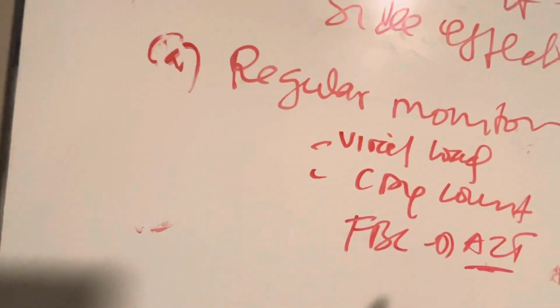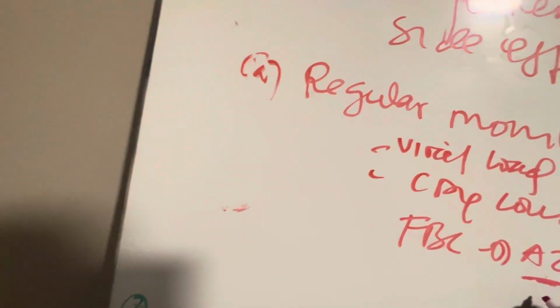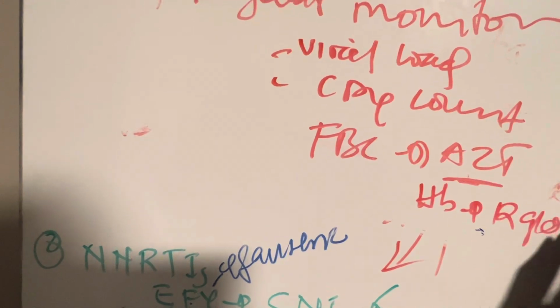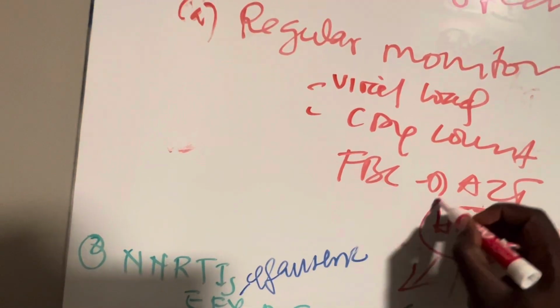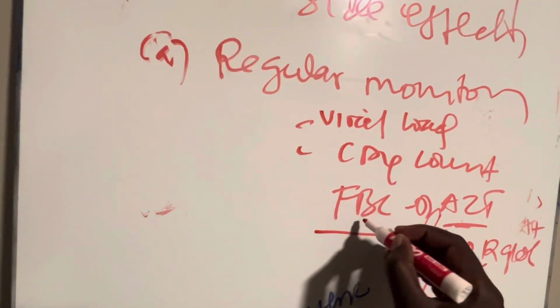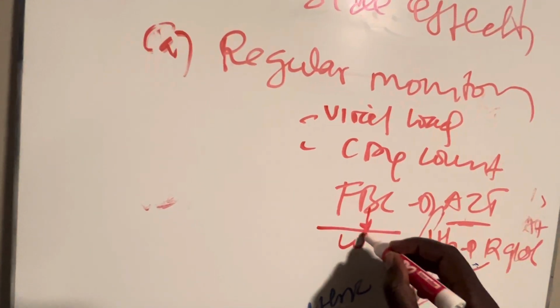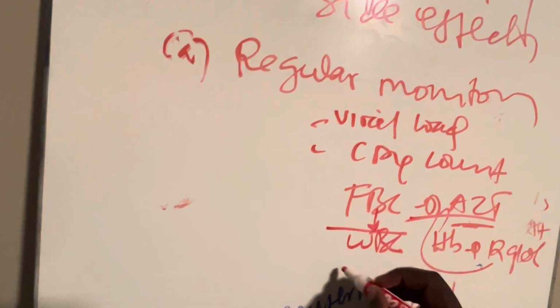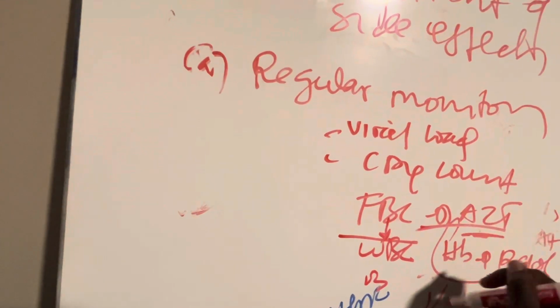It can cause anemia, and I think when the Hb is below 12 grams per deciliter, don't give AZT. Full blood count, also known as whole blood count or blood work, determines the Hb levels.